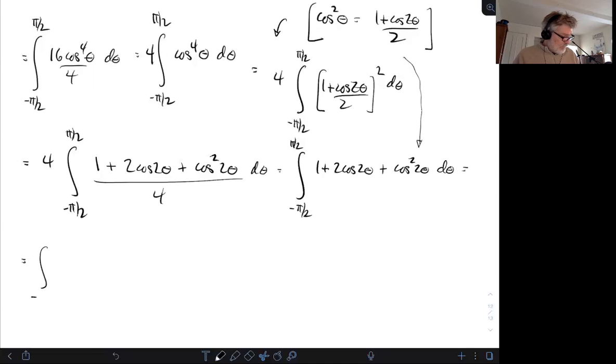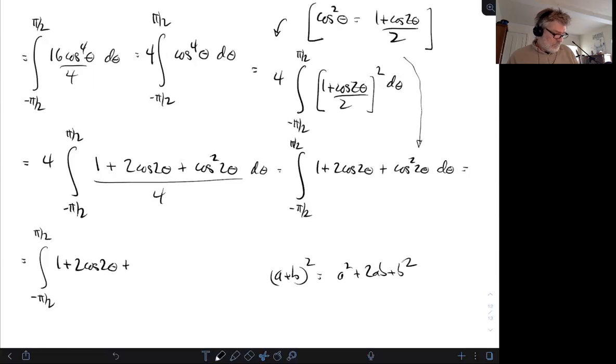So this is the integral from minus pi over 2 to pi over 2 of 1 plus 2 cos 2 theta plus, and again, here's cos squared of... why do you have 2 cos 2 theta? When I squared, so yeah.